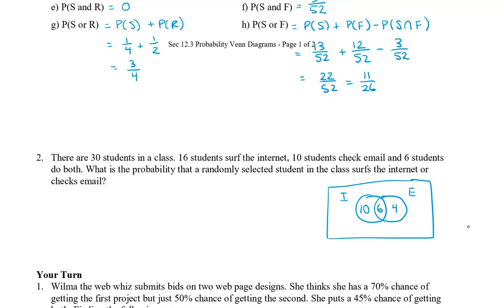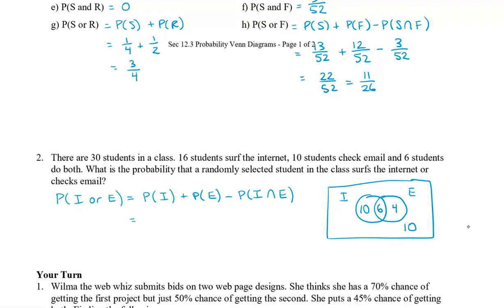So now we have 10 plus 6 plus 4, so that's 20 students. And we still have 10 more students because there are 30 students in the class, so I'm going to put 10 on the outside. So the probability of internet or email, if we use the formula, would be the probability of using the internet plus the probability of using email minus the probability of those students using internet and email, because we're going to double count.